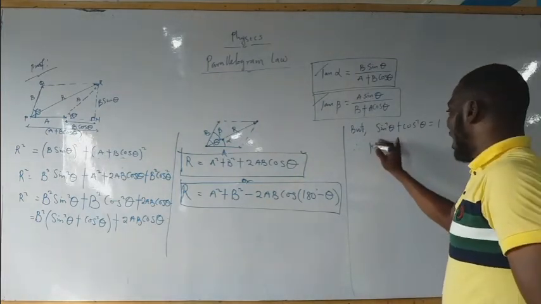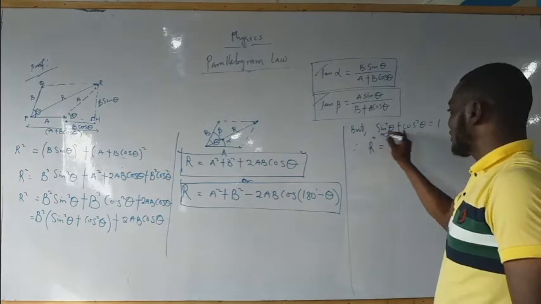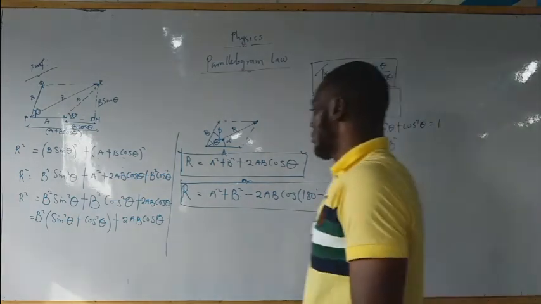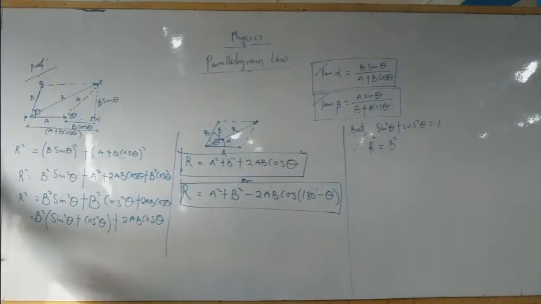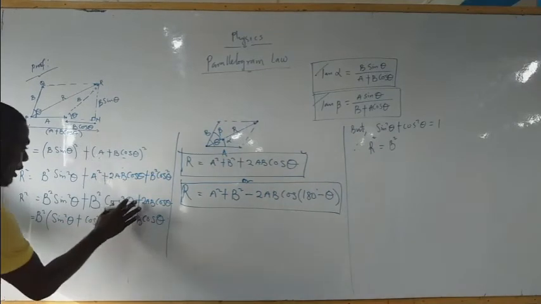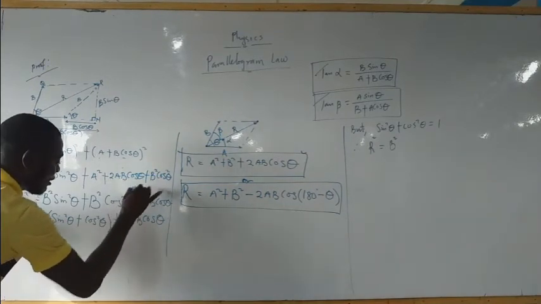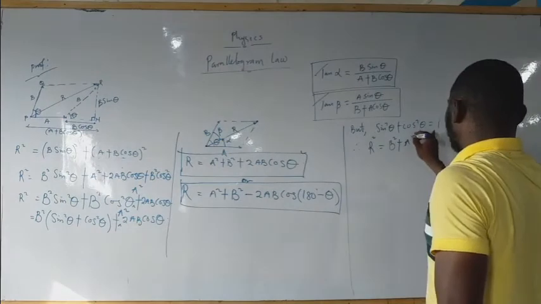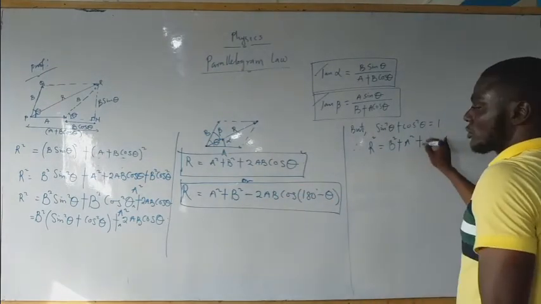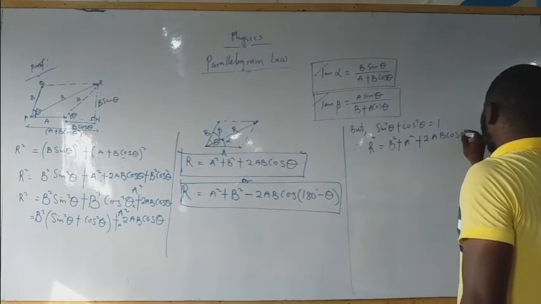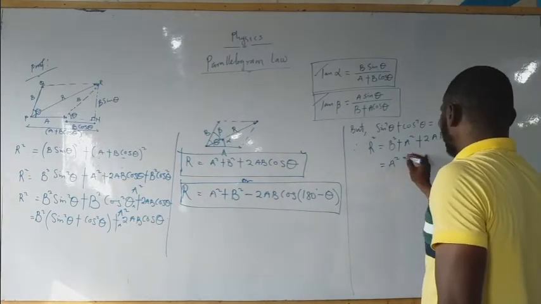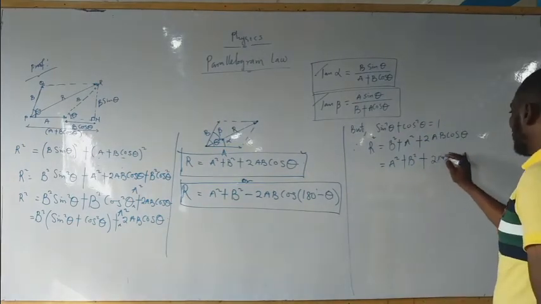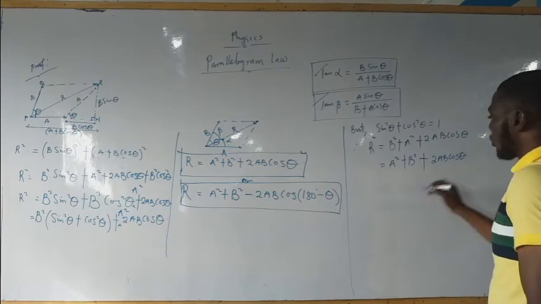So therefore R squared equals B squared plus A squared plus 2AB cos theta, which is the same thing as A squared plus B squared plus 2AB cos theta.